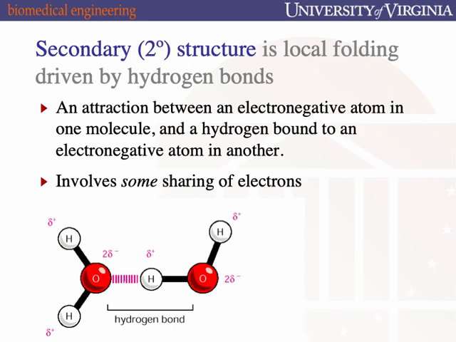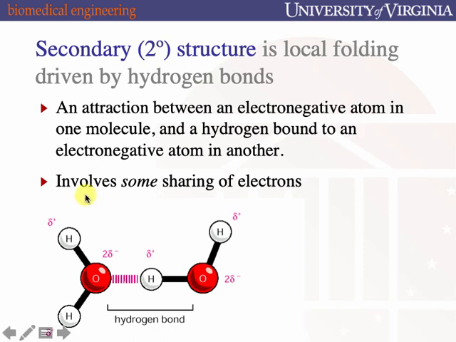And what hydrogen bonds arise from is electronegative and electropositive so-called dipoles that are caused by certain molecules pulling an electron cloud towards them, and then the collateral damage is that that electron cloud gets pulled away from other atoms in the molecule. These hydrogen bonds involve some sharing of electrons, but it's not like a covalent bond.